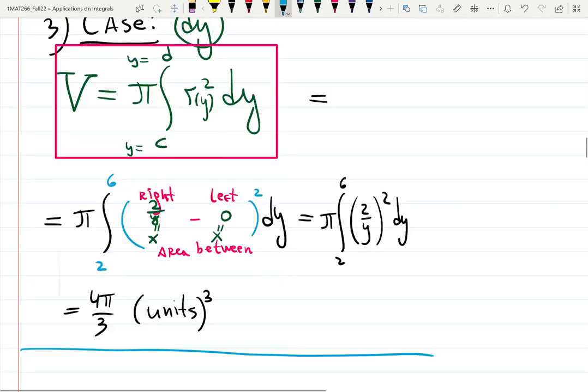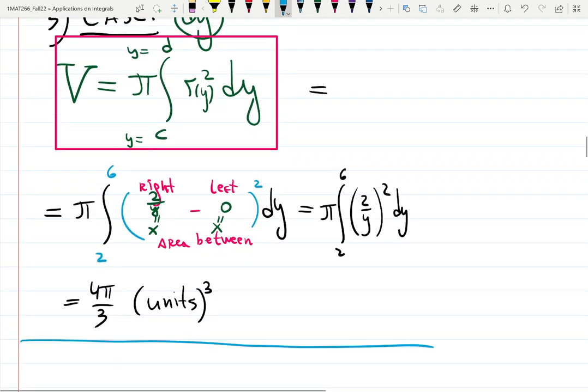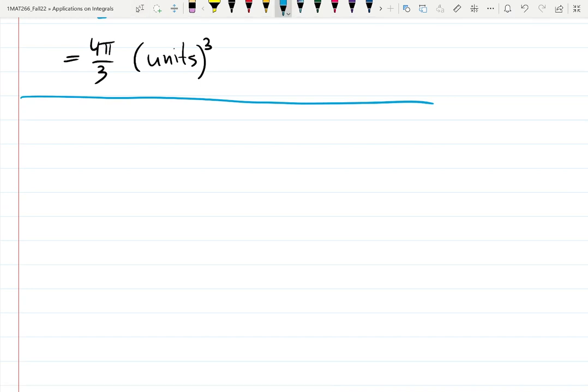What is happening if we're going to have this rotation, but shift it maybe a little bit to the right? What if we had the same function, x equals 2 over y? We have the same shape in 2D.